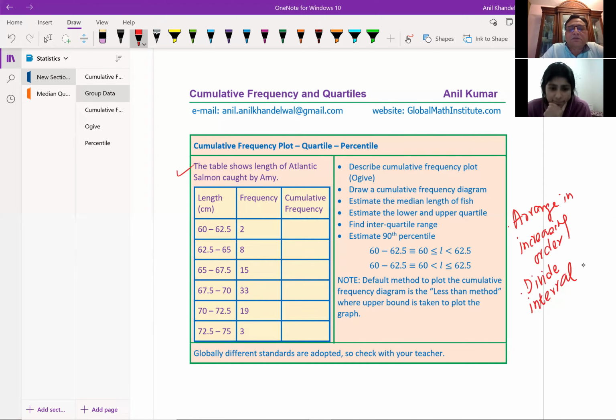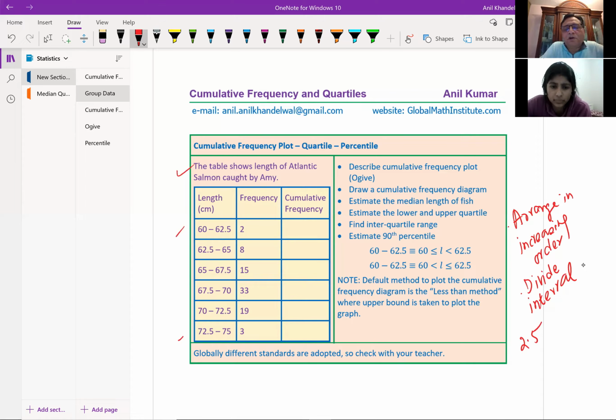When we looked at the data, the minimum value was close to 60 and the maximum was close to 75. That becomes our total range. Now we divide this range into intervals of 2.5. So we have 60 to 62.5, 62.5 to 65, 65 to 67.5, and so on.